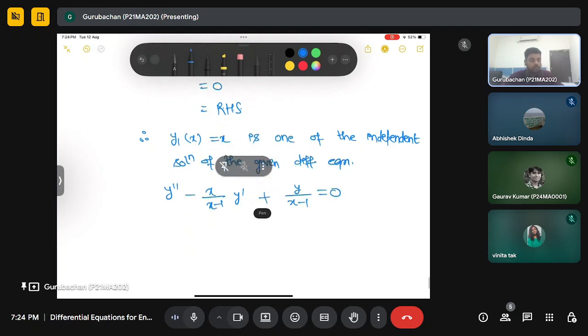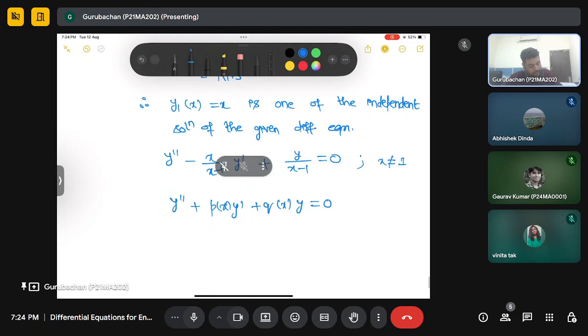This is your standard form. In general it is y'' plus p(x) y' plus q(x) y equal to 0, and Abel's formula is W(x) equal to W(x naught) e to the power minus the integral of p dx.